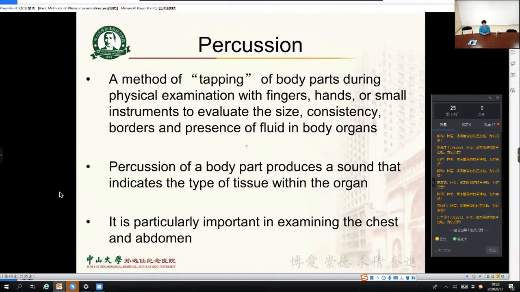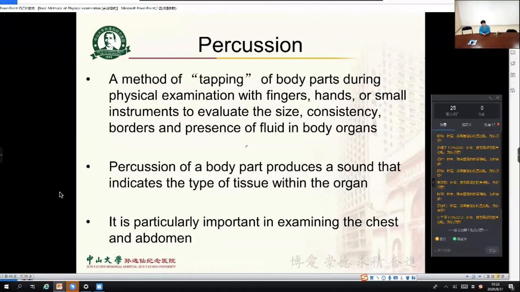So the third principle for physical examination is percussion. It's a method of tapping the body parts during physical examination with fingers, hands, or small instruments to evaluate the size, consistency, borders, or the presence of fluid in the body organs.